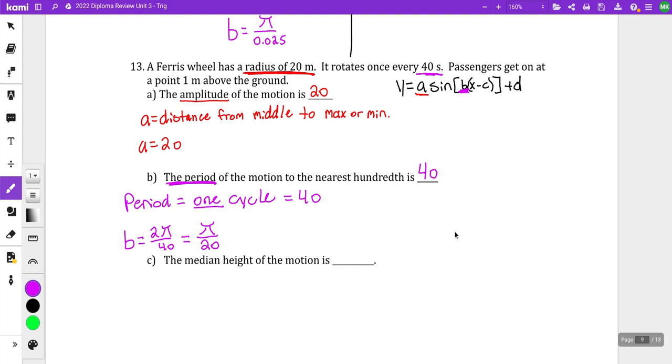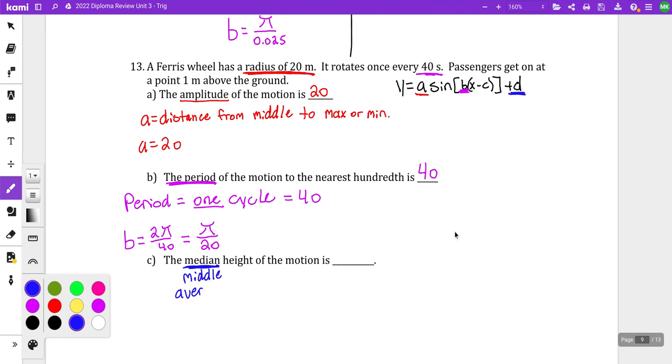Question C, which will be our d value. The median height. Median means middle. So it's like the mid height. The other word they could use here is average.